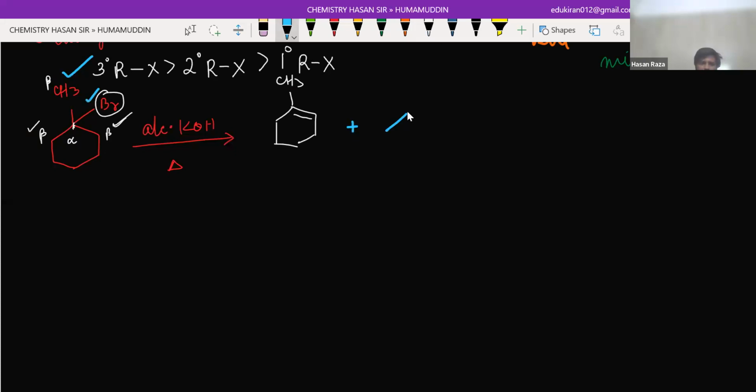And the second product, I'm going to remove hydrogen from here and bromine. Then the next is a double bond here and it will be CH2. So Humam, what do you think, which one is more stable?